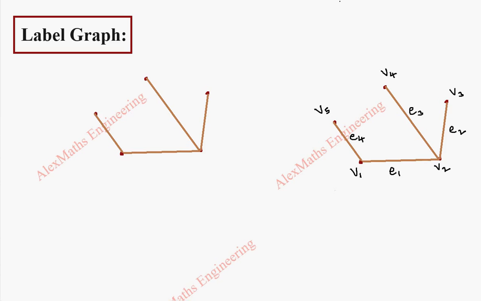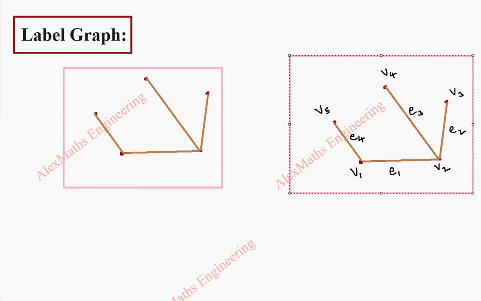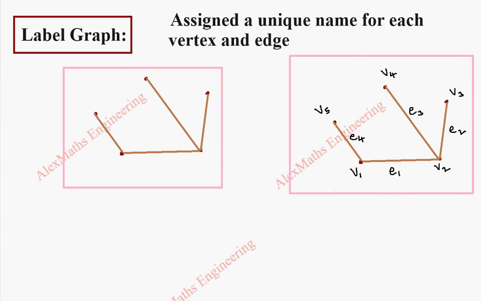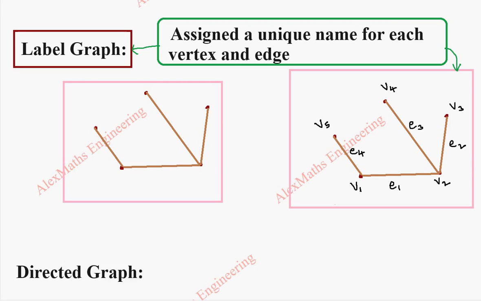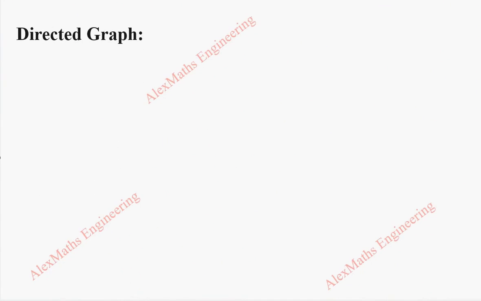So comparing to the previous graph, in this graph we have assigned a unique name for each vertex and edge, and this is known as the label graph.